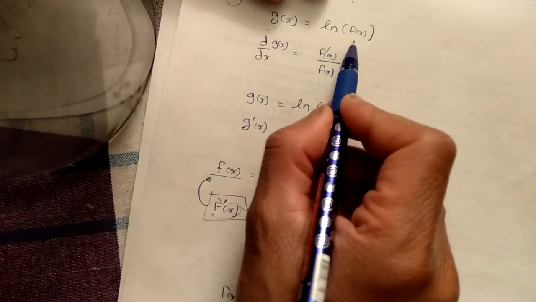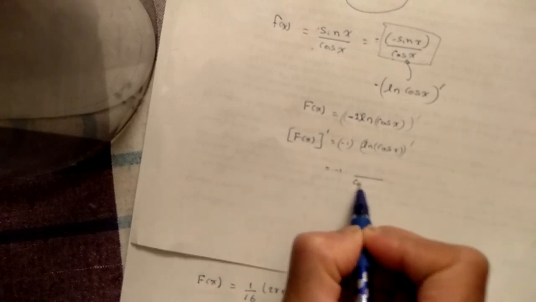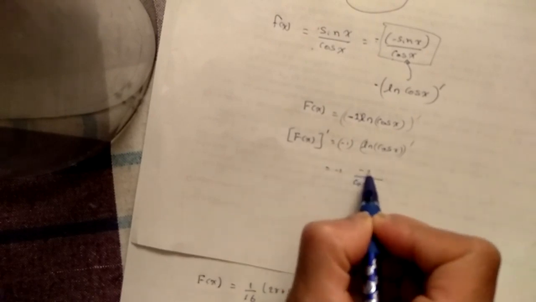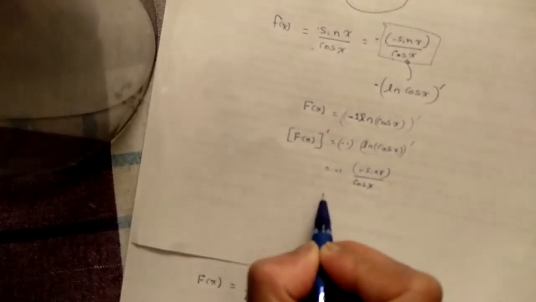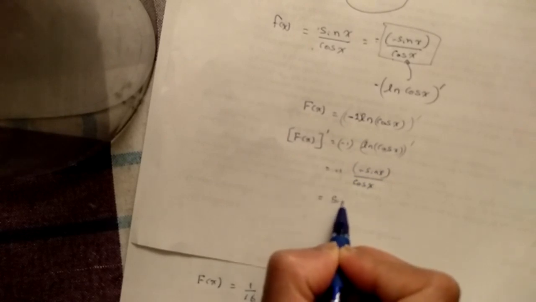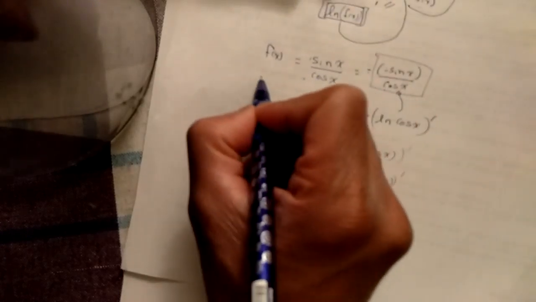That means the derivative of ln f(x), which is f prime x divided by f(x). Now in this case our f(x) is cos x, so cos x, negative sine x, and this negative along with the other negative cancels out and gives you the result sine x divided by cos x, which is our original answer.